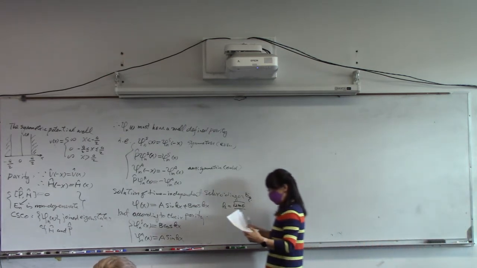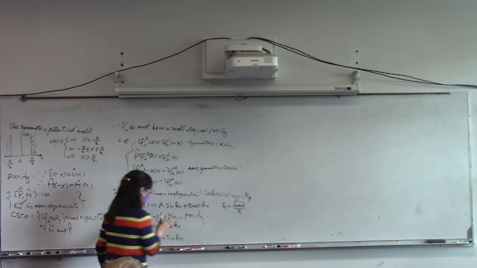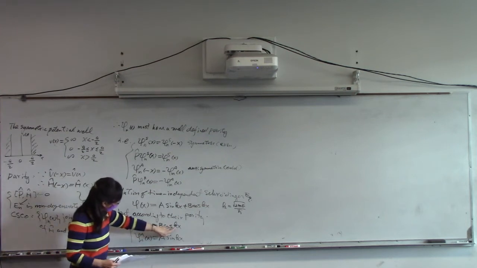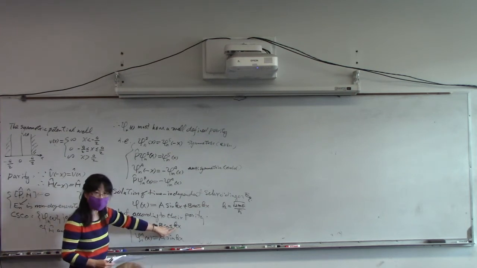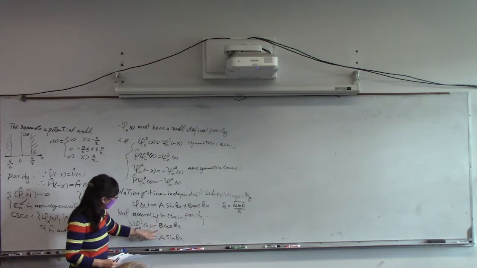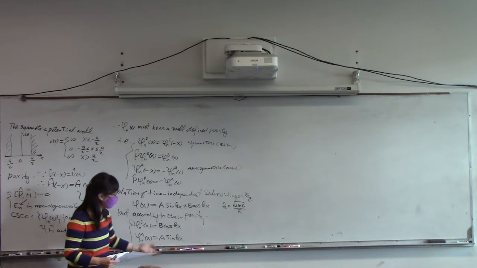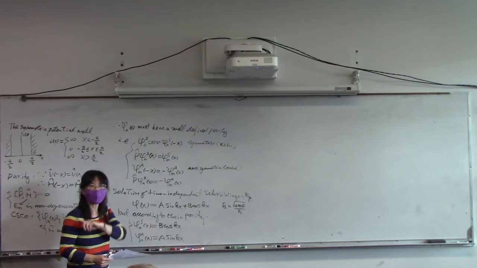Okay. Now the next step is to determine the allowed k value, right? And also this coefficient, or the normalization factor. How to do that? Boundary conditions, right?